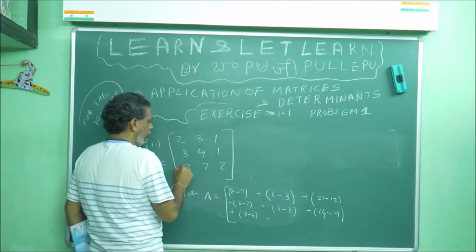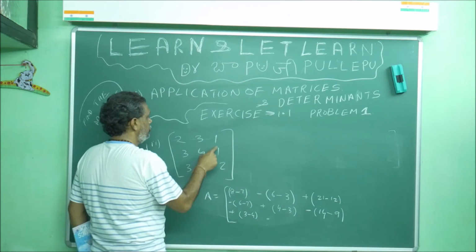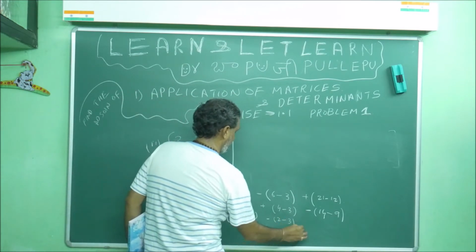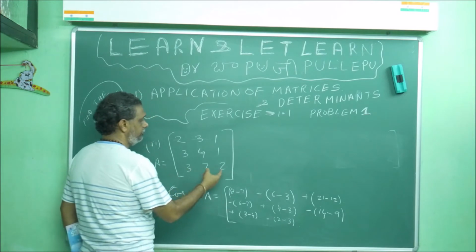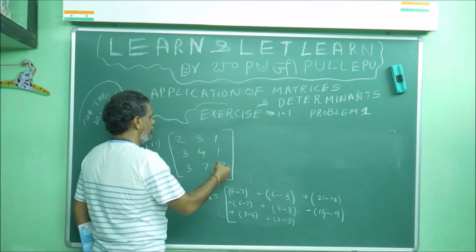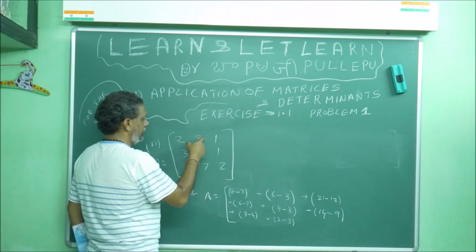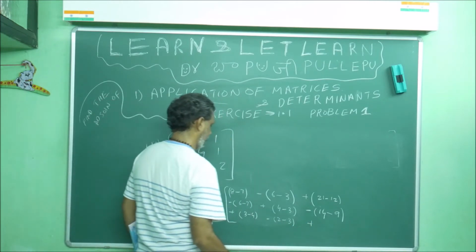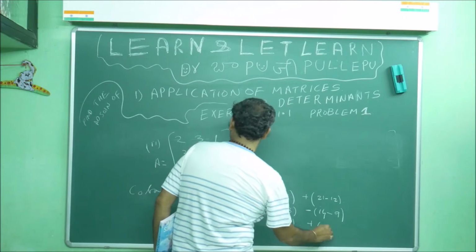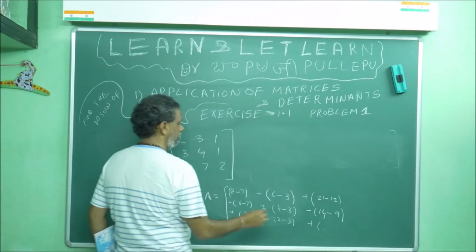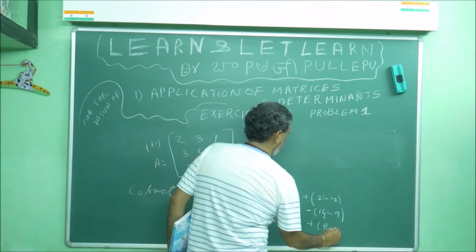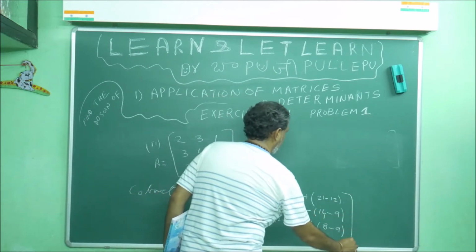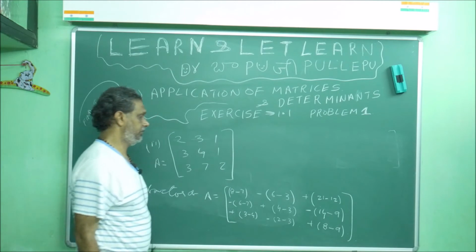Leave this column, leave this row. 2 minus 3. Then the cofactor of 2 is what? Leave this column, this row. So 8 minus 9. Plus, minus, plus: 8 minus 9. This is the cofactor. Now simplify.